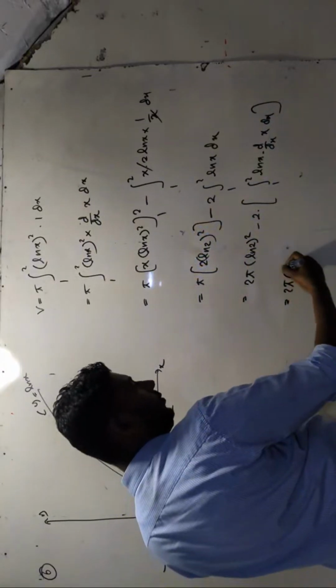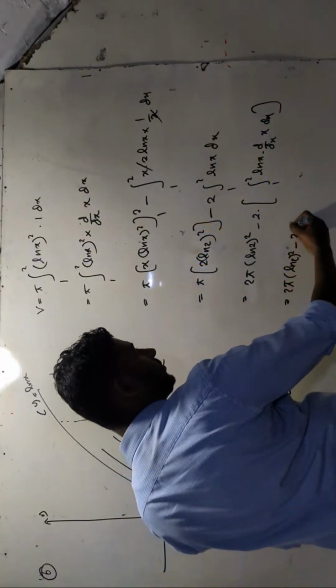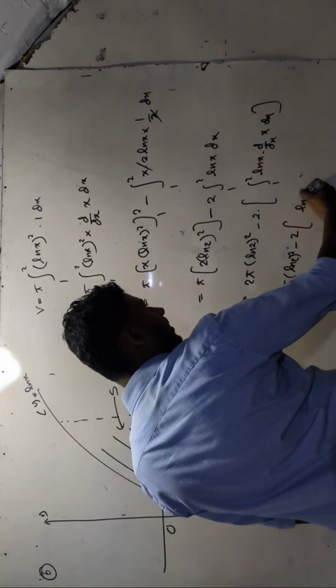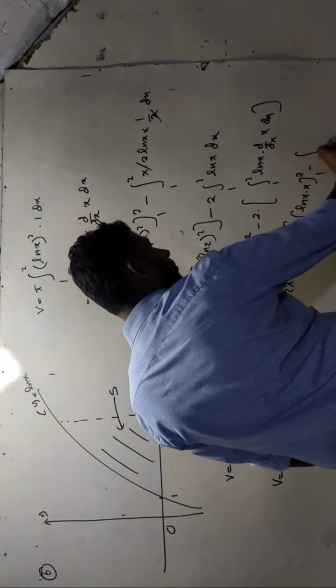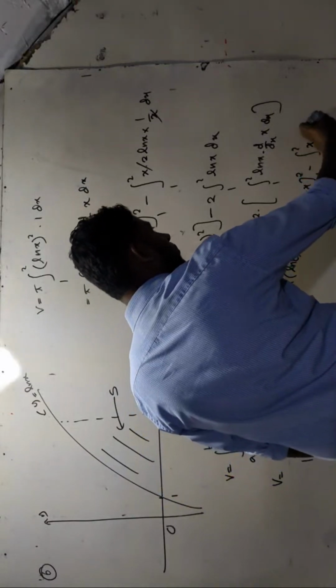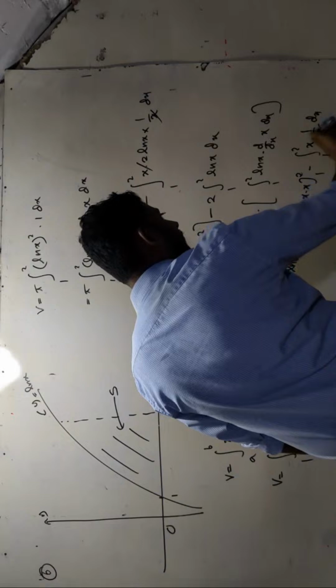So 2 pi ln 2 whole squared minus 2 into ln x into x.